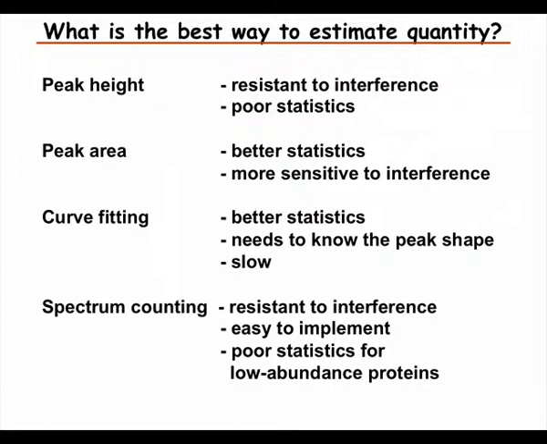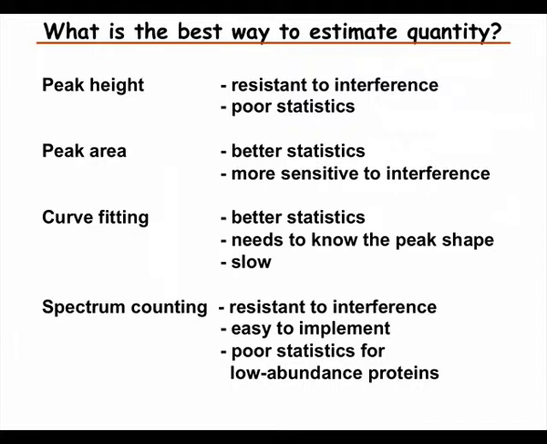If we just take the height, that will have very little influence on the height. But the peak area will be much larger, especially if we have noisy peaks, because it's not always easy to determine where the peak starts and ends.